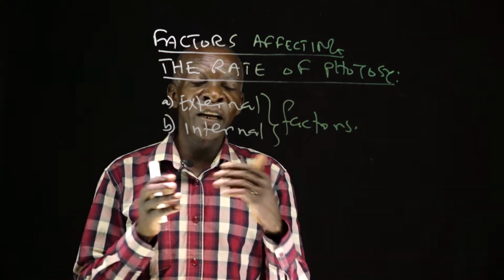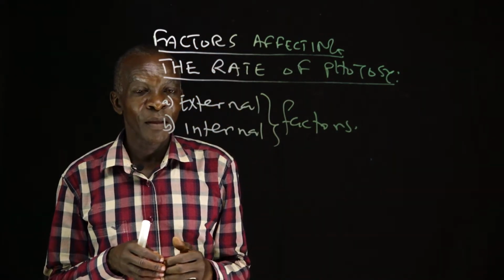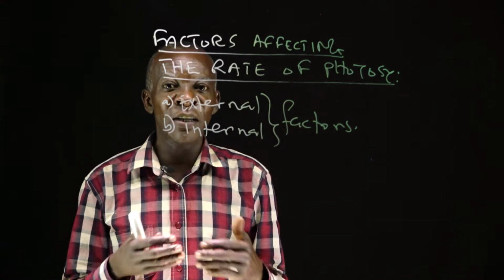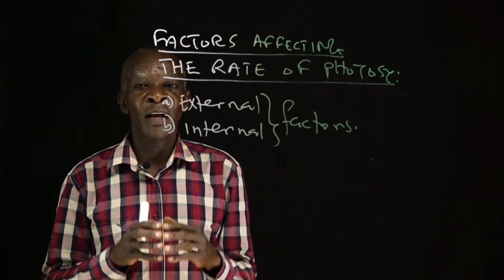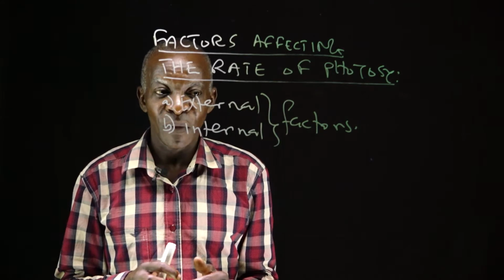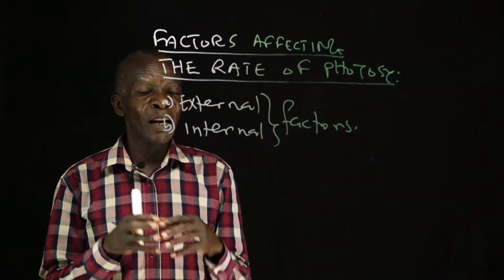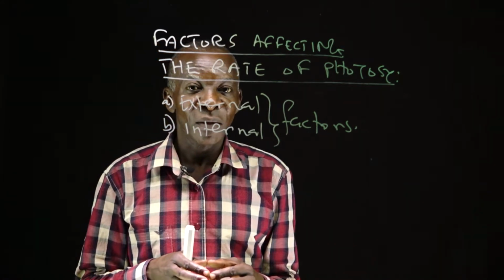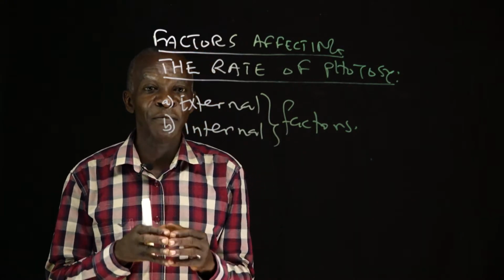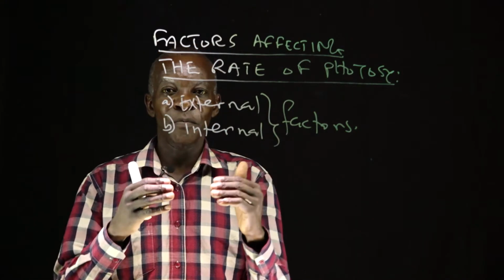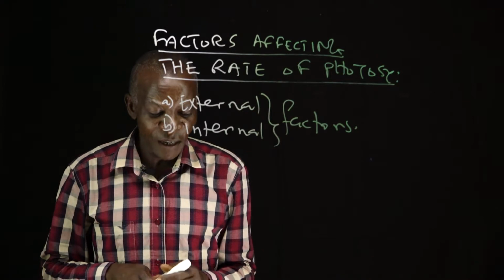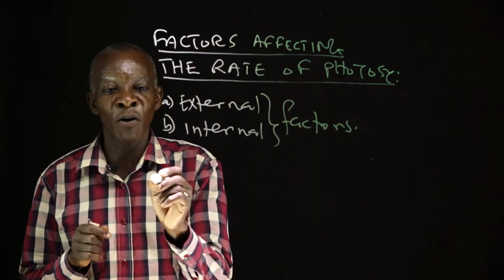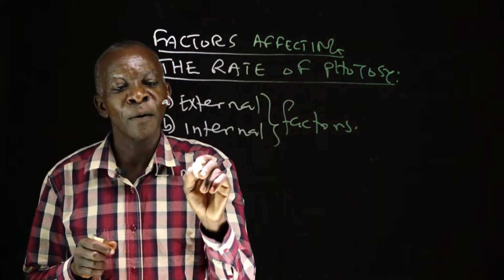External factors in relation to the plant, and therefore these are referred to sometimes as environmental factors. And the internal factors relative to the plant, these are also referred to as plant factors. Now, before we see these factors, let us look at the concept of limiting factor.